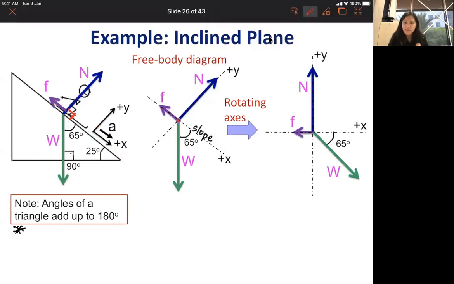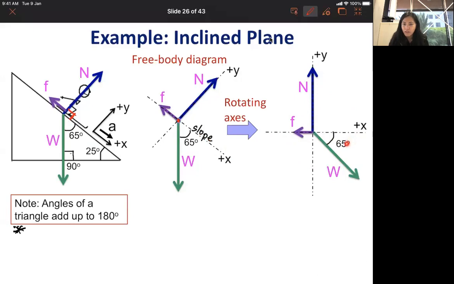Does that make sense so far? We just rotated this figure with a diagonal x-axis to one where we have a horizontal x-axis.